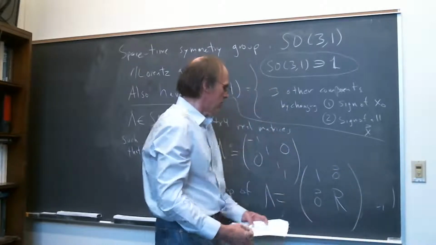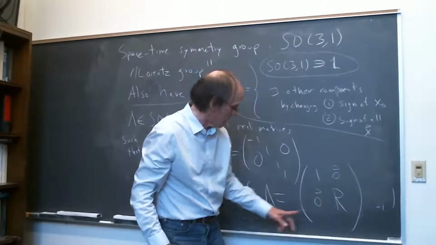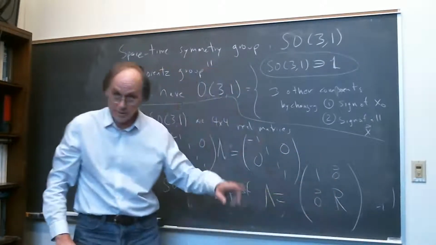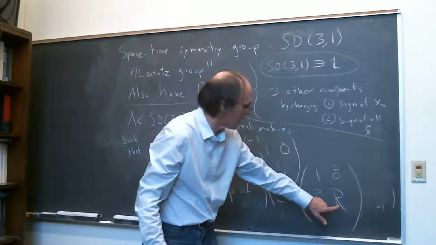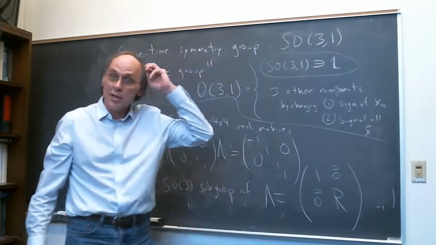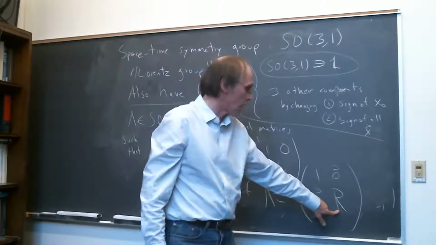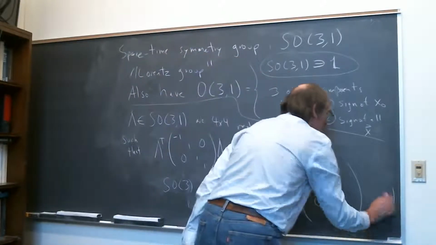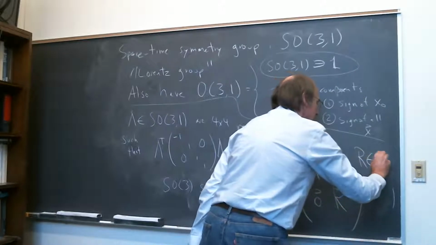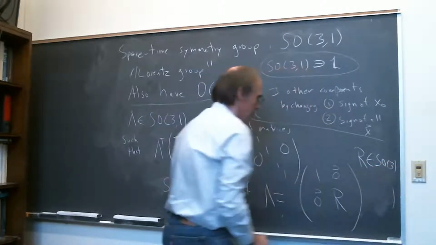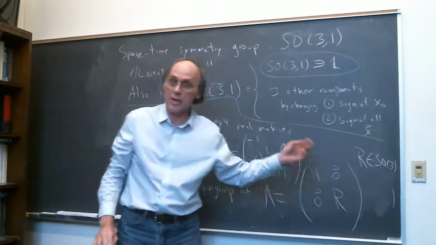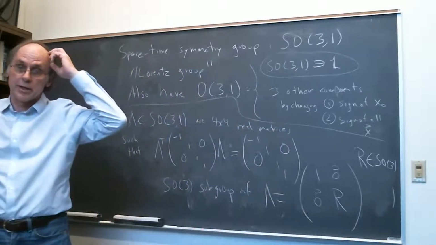So SO3 sits inside this group as the things which preserve the time direction, so it's just 4x4 matrices of this form where R is in SO3. These are all the things you already know how to deal with, and that you're used to.